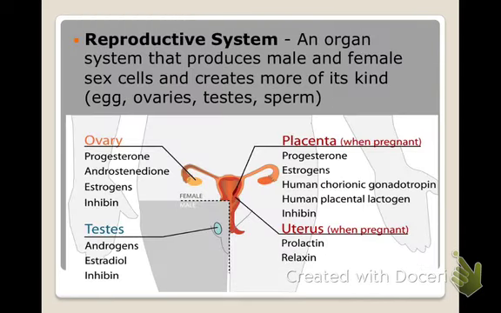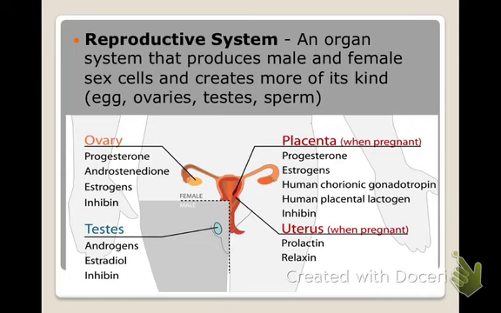And moving on to the reproductive system, it's super easy. It's just an organ system that produces male and female sex cells. We've talked about those to allow us to create more of us, or allow cats to make more cats and dogs to make more dogs. So this lists the different things that are released from our organs.